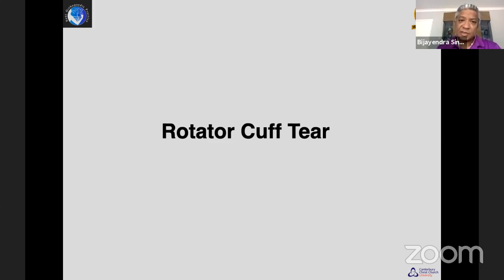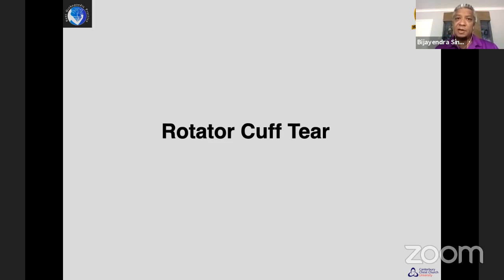They may have some instability-related issues, generally with internal impingement types. The other extrinsic factors are acromial spurs, the coracoacromial ligament, and osteophytes from the AC joint. These are the three main factors.